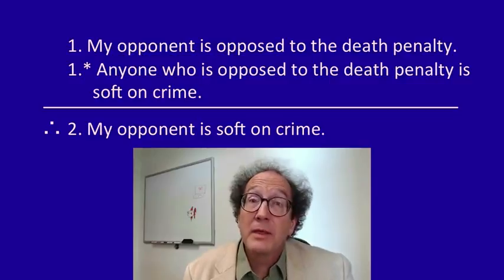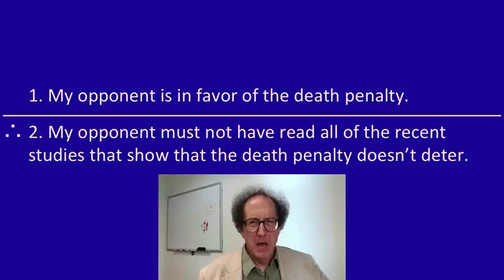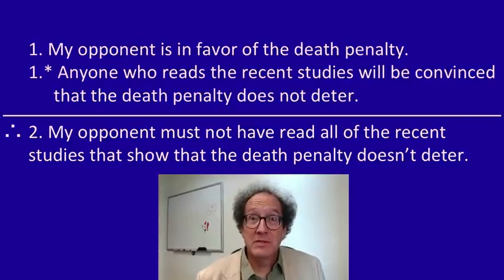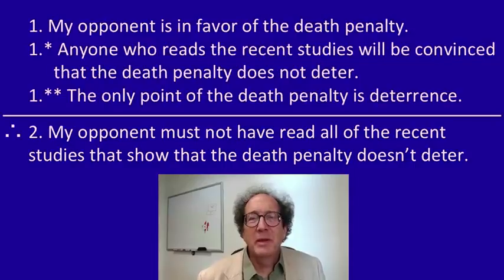And then another politician might say, but my opponent is in favor of the death penalty, so he must not have read all the recent studies that show that the death penalty doesn't deter. Well, that argument assumes the suppressed premise that if you read those studies, you'd be convinced by them, and that the only point of the death penalty is deterrence.